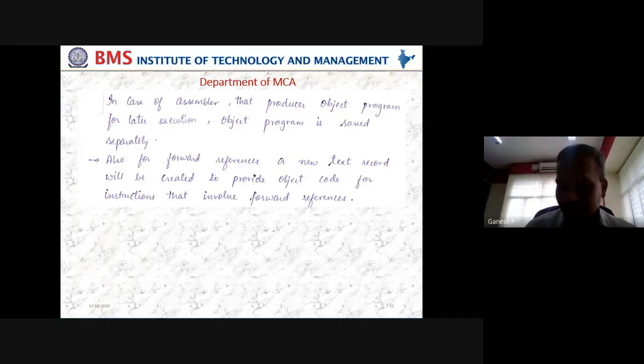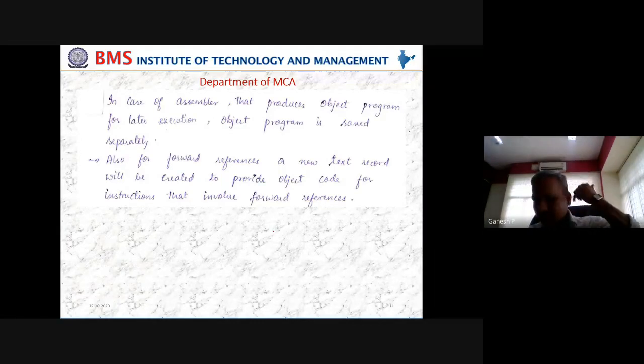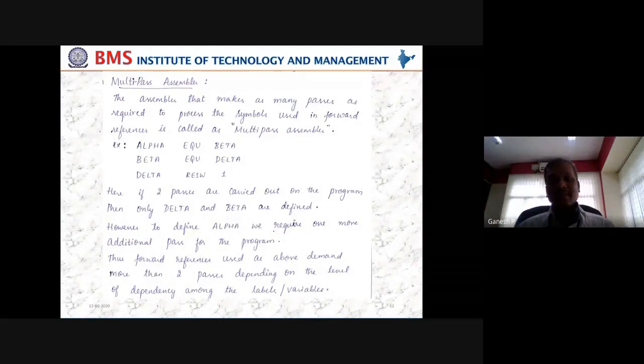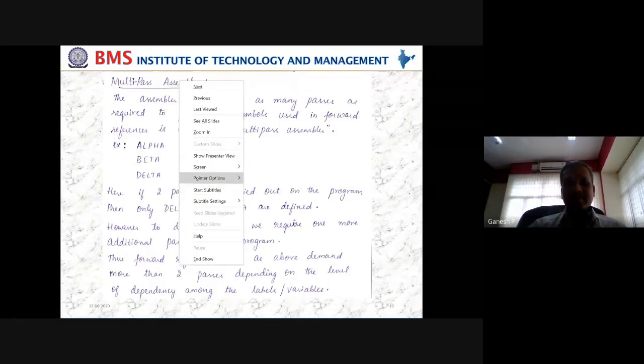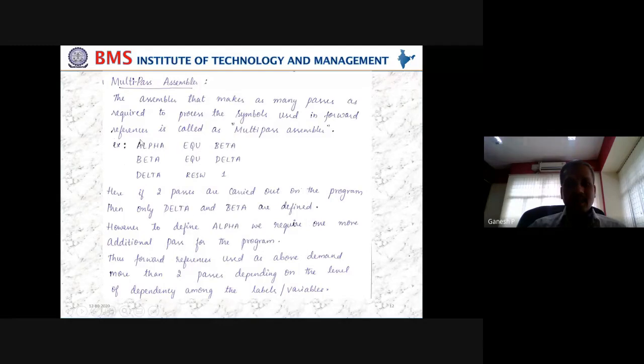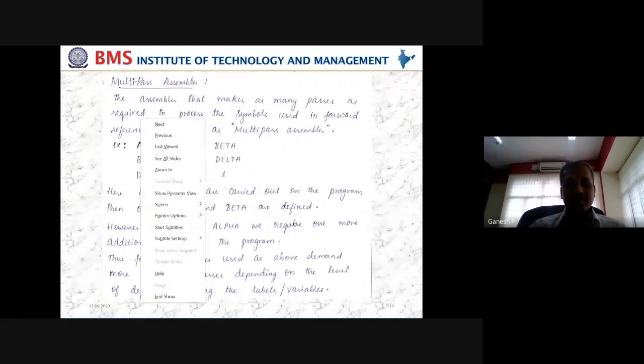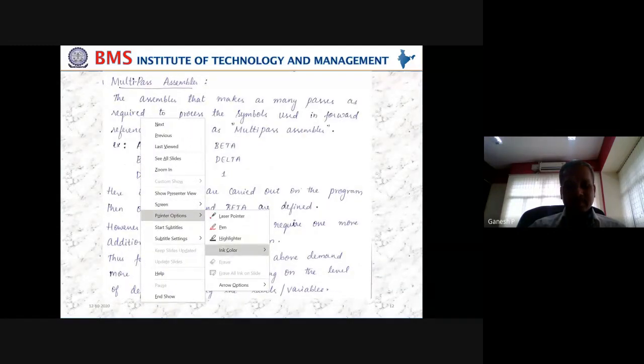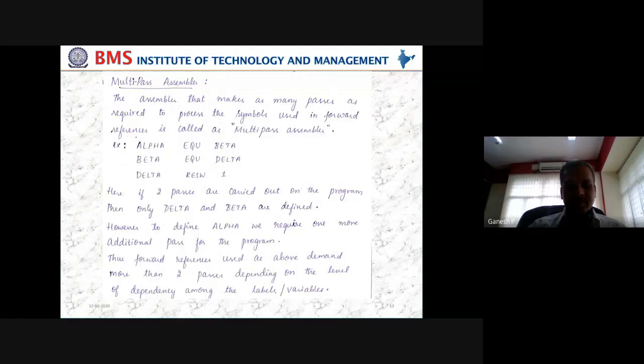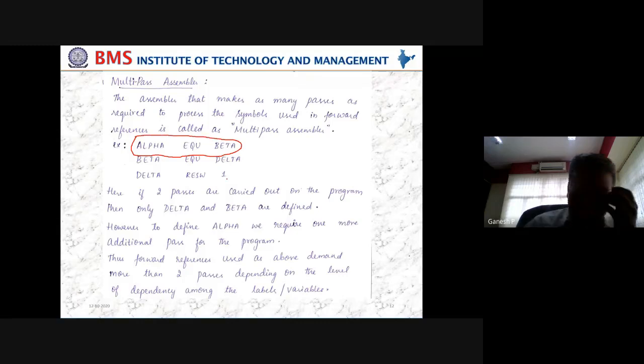Okay, fine. So on similar lines, let us look at the multi-pass assembler. But before we go to multi-pass, let us understand why we need a multi-pass assembler. Let us take an example. Alpha is equal to beta. We have discussed it earlier, but now it is time to understand the multi-pass assembler.